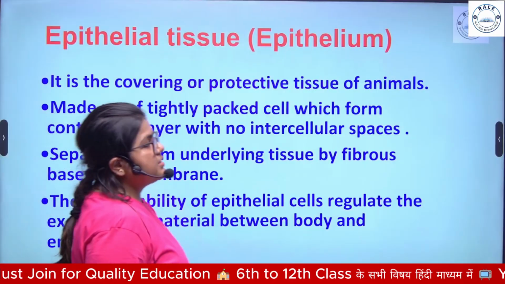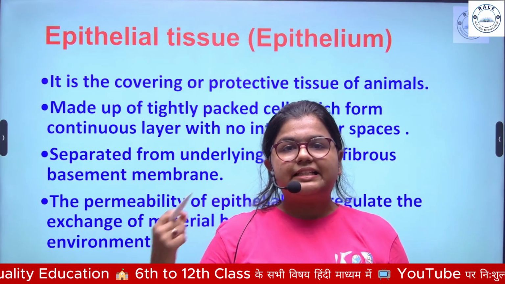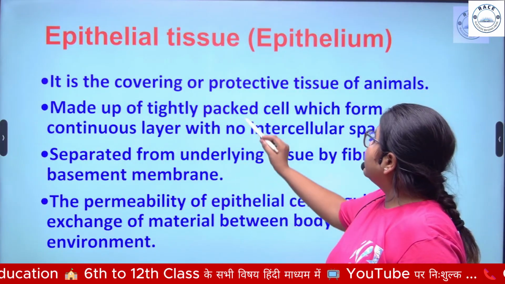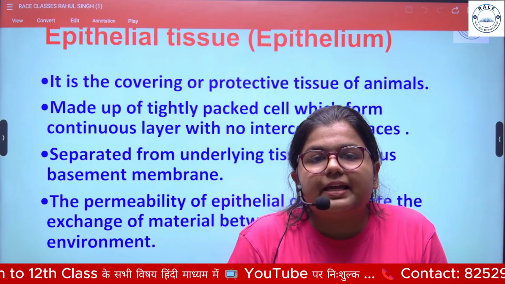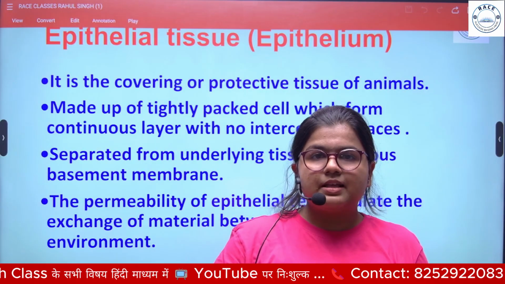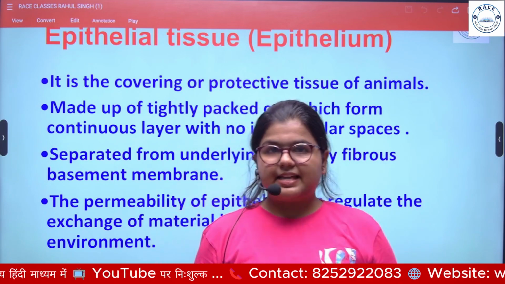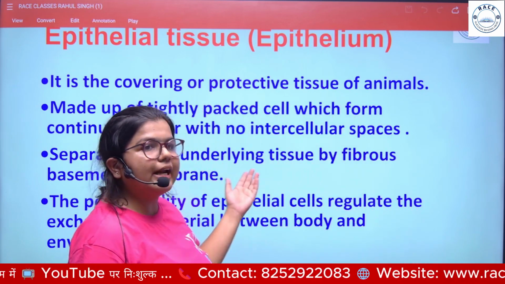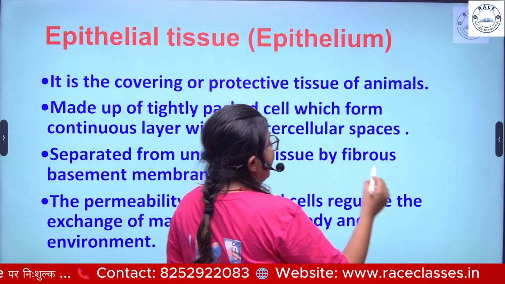Now let's discuss epithelium tissue in detail. Epithelium, epithelial, what does it mean? It is the covering or protective tissue of the body. The way in plants epidermis is present, the same way in animals epithelial cells are present, which provide the protective covering to the animal. It is made up of tightly packed cells.